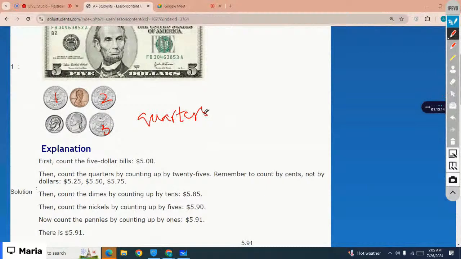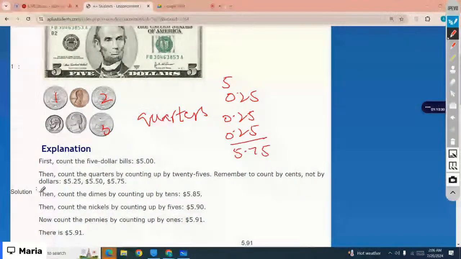You can count the quarters by 25, which means you need to add 0.25, 0.25, 0.25. Then we have one dime. You can count the dimes by 10, so you need to add 0.10, right?